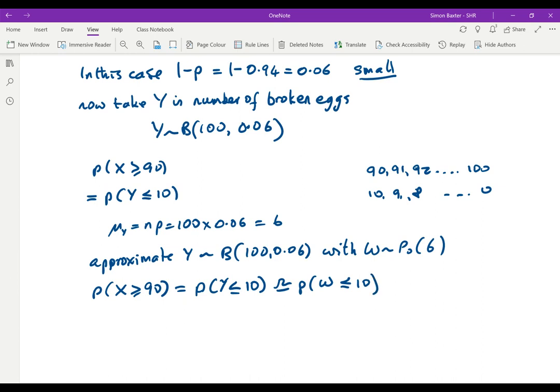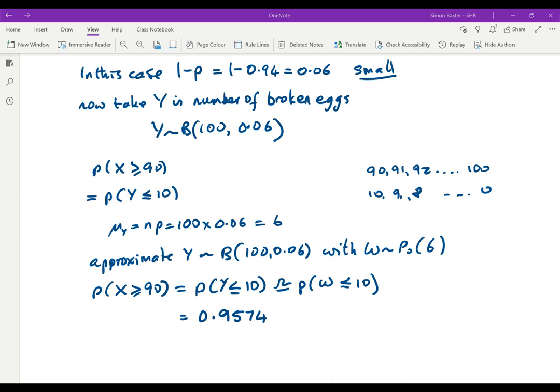Now we can use the cumulative Poisson tables, and this comes out to be 0.9574. Very much less work than doing all the work we would have to with the binomial. You can't look the binomial up in the tables. 100 is far too big.